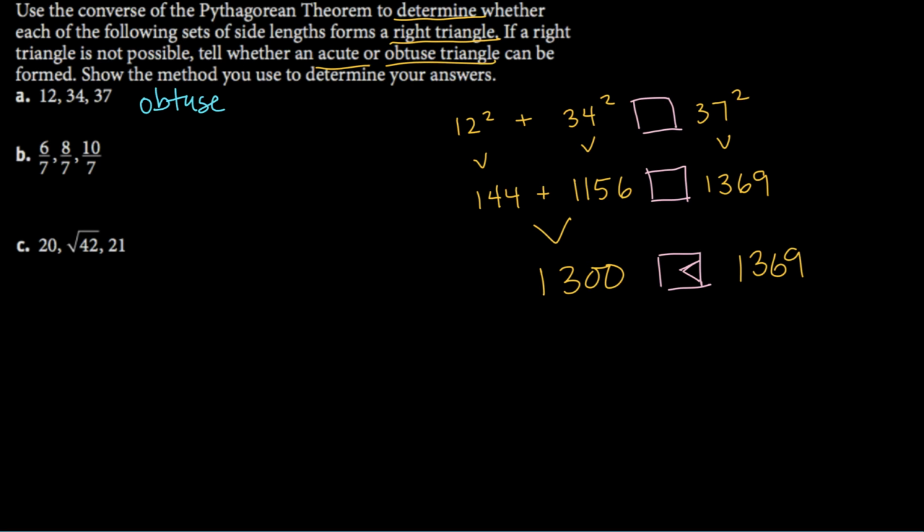Okay, let's just do the next one. So 6 over 7 to the second power plus 8 over 7 to the second power, and we will see how that relates to, we've got to pick the longest.